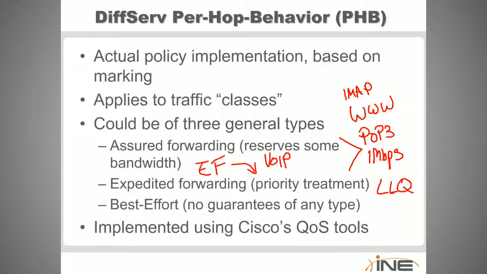Last but not least, we have best effort forwarding, which is no guarantee. This is also what is defined as the scavenger class. So scavenger class would be things like maybe your YouTube videos or BitTorrent in your production environment, where you're not necessarily limiting it, but you're not giving it any type of guarantee.